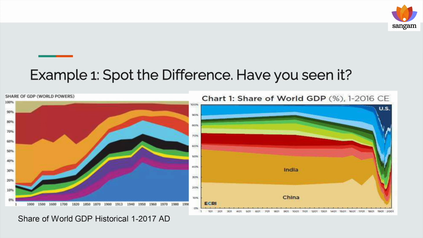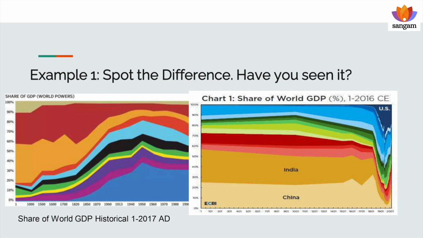He was interested in understanding the world GDP share historically, and based on his research of historical evidence, he came up with the share of different countries in the world GDP from year 1 to 2016, which is 2000 years of economic history.